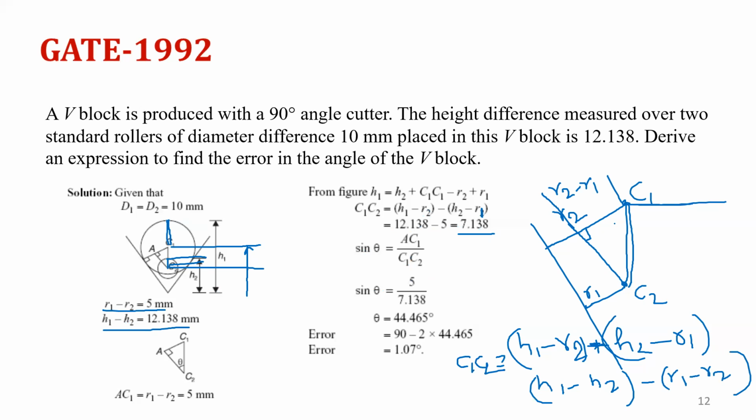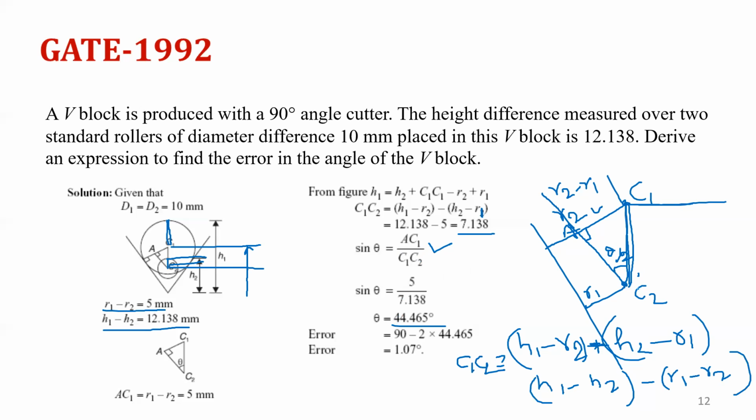Therefore, from this, what is sine theta by 2? Considering this as theta by 2, it is opposite side divided by hypotenuse, which is A1C1 by C1C2. So theta by 2 becomes 44.465 degrees.